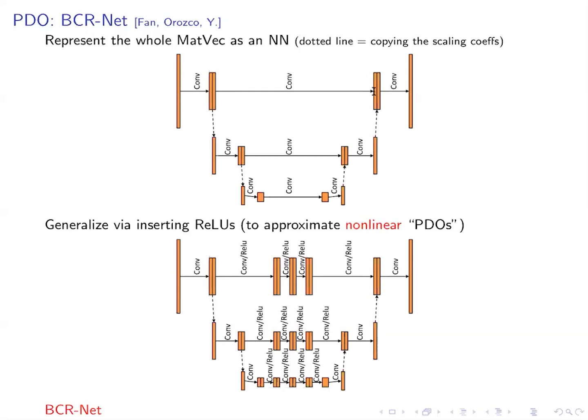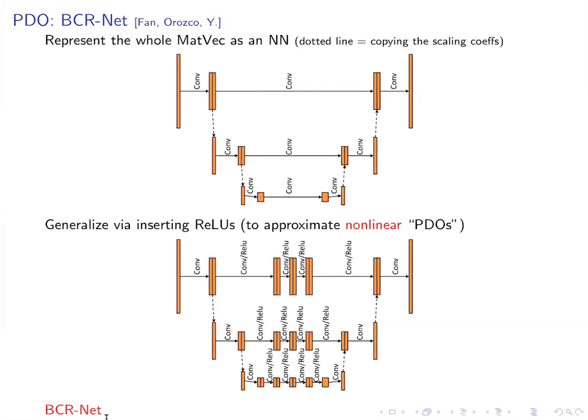Now, this is just the BCR scheme, Beylkin, Coifman, Rokhlin, but how are we going to make it into a neural network? The idea is simply to insert a few more internal layers and then add ReLUs to introduce a nonlinearity. So this will give us a nonlinear version of the pseudodifferential operator.